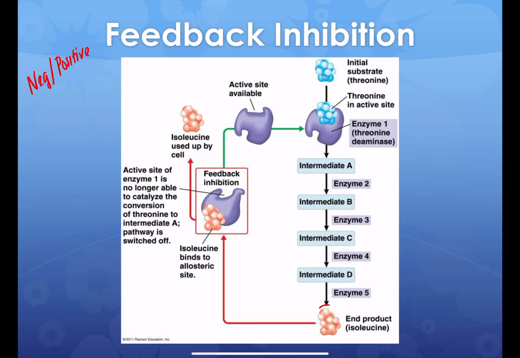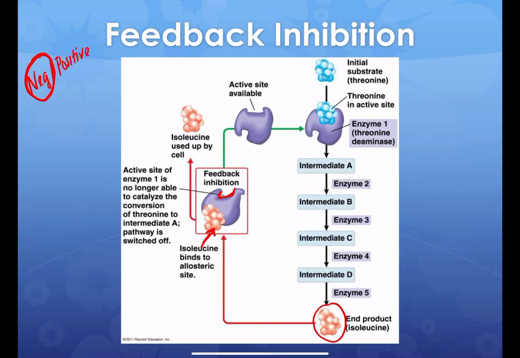We have an end product that binds to an allosteric site and closes the active site up, and so it can't complete the reaction. This is a negative feedback loop.